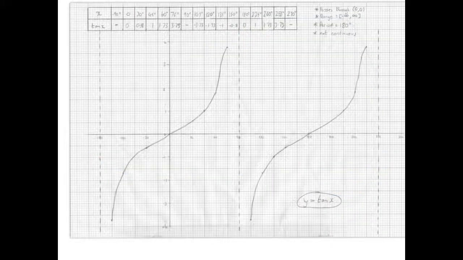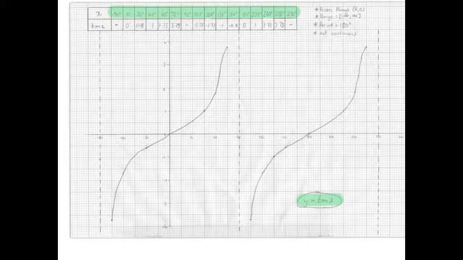The only graph that will look slightly different is the graph of tan x. Y equals tan x. So in the case of tan x, I've just taken several values of x between minus 90 degrees and 270 degrees.